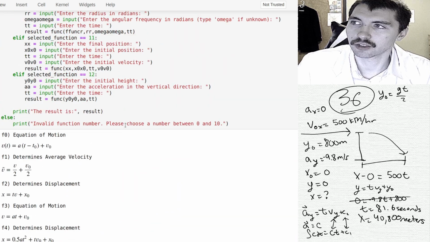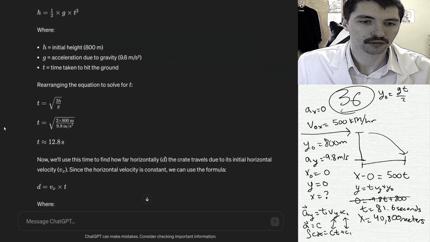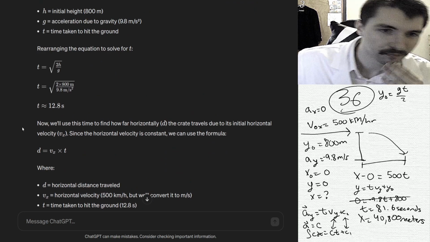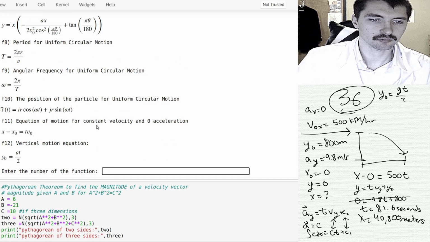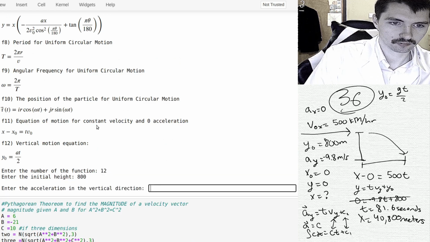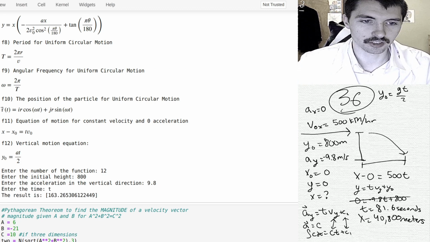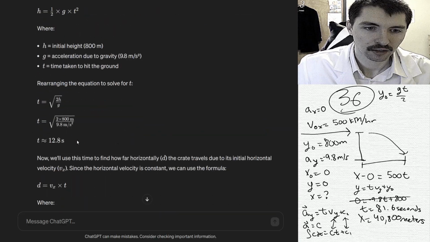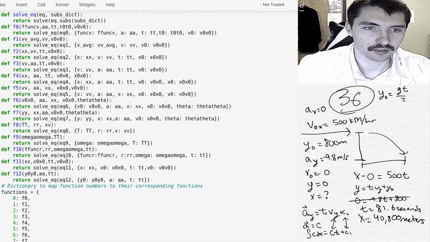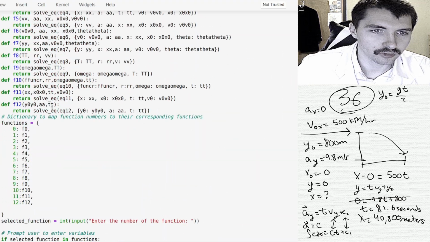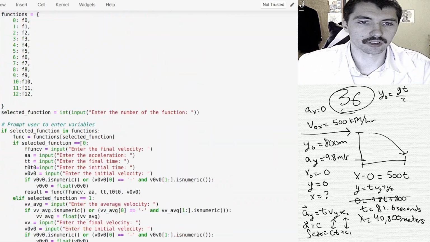So 163 seconds. It's a t squared, isn't it? Yes, it's a t squared. Okay, so we have to fix that. Equation 12. It's t squared. Okay.